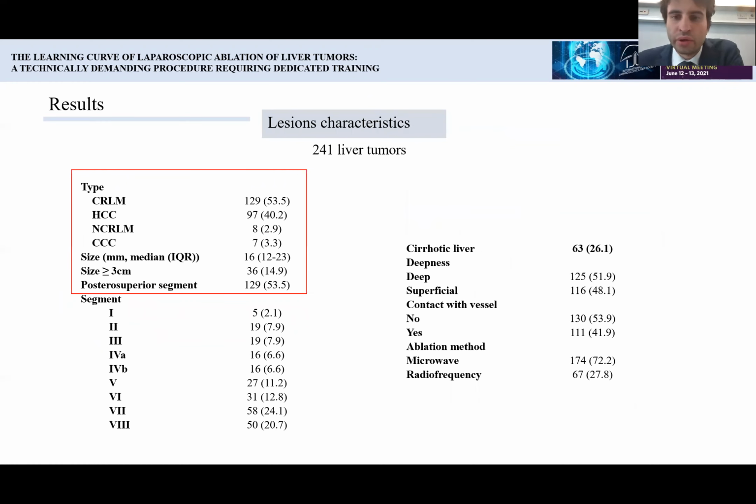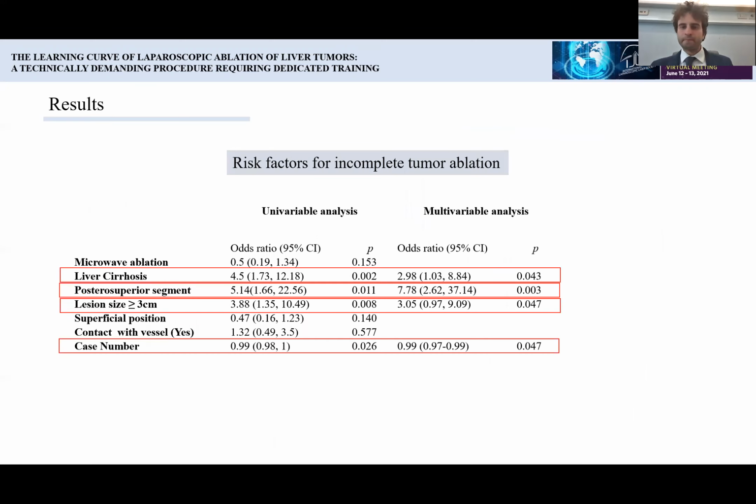In total, during these procedures, 241 lesions were ablated. The majority of lesions were colorectal liver metastases with an equal distribution between anterior and posterior superior liver segments. The median size was 16 millimeters, and only 15% of lesions had a size above 3 centimeters.